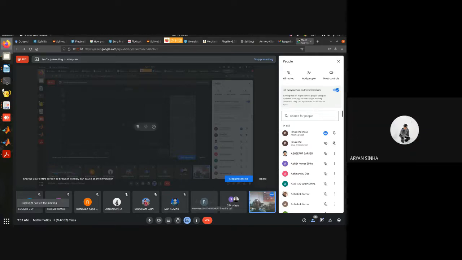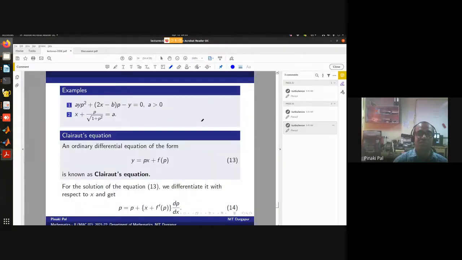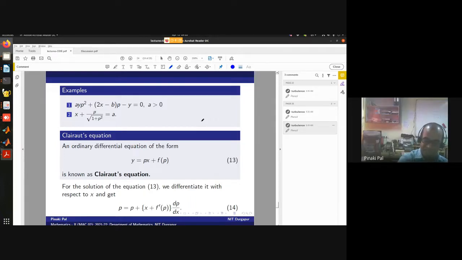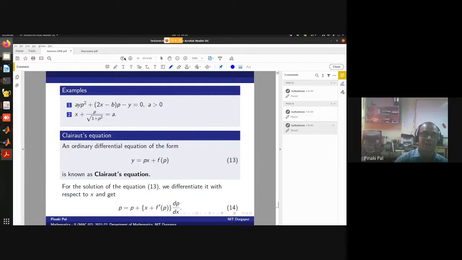No problem. Should I continue with these terms? Sir, why are we adding the two solutions? Which one? The first method of solving higher degree equations, which are solvable for p, by factorizing.